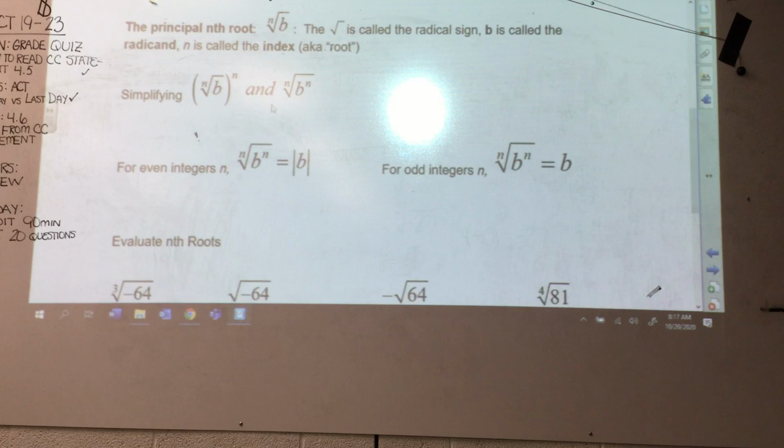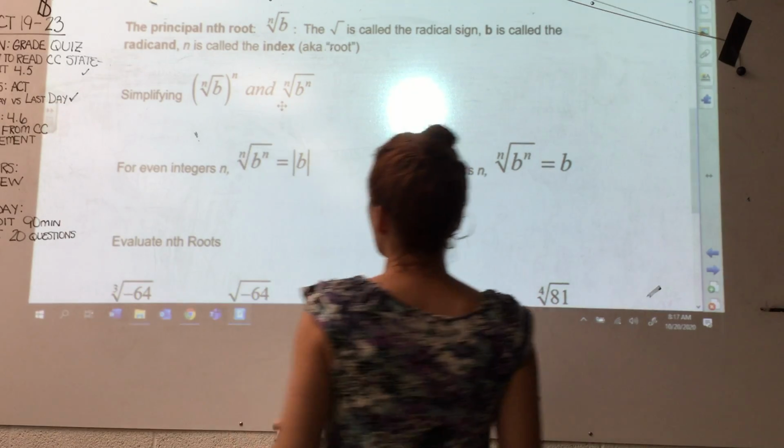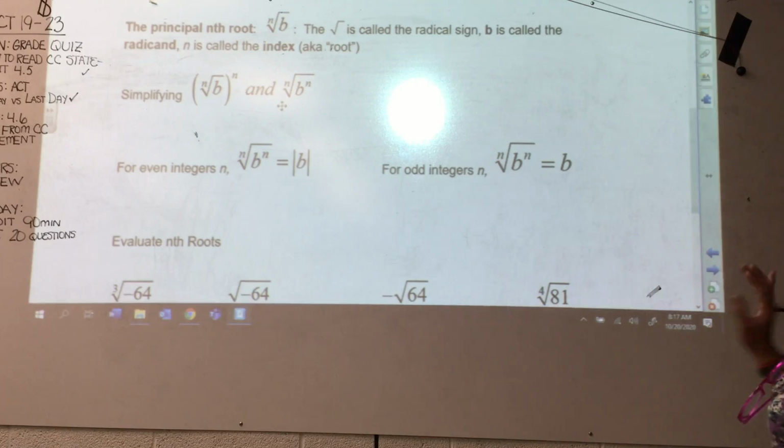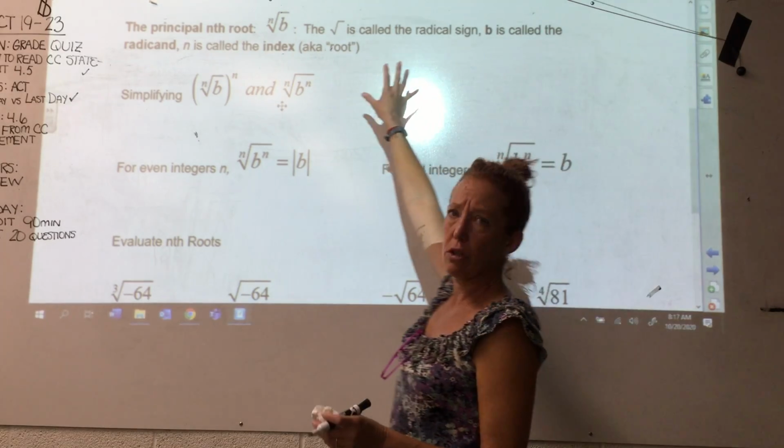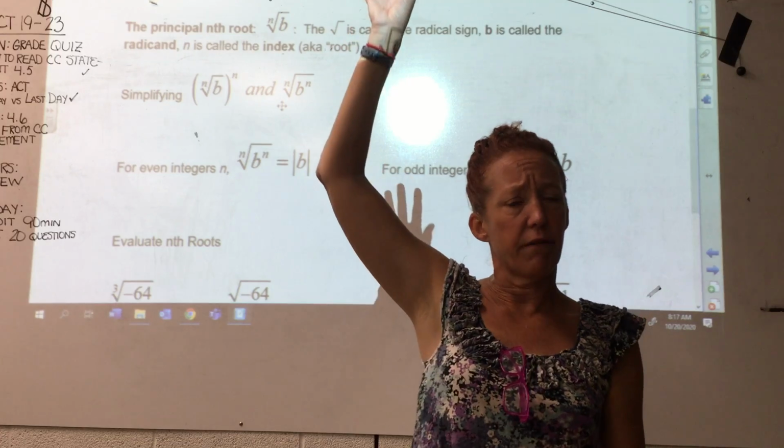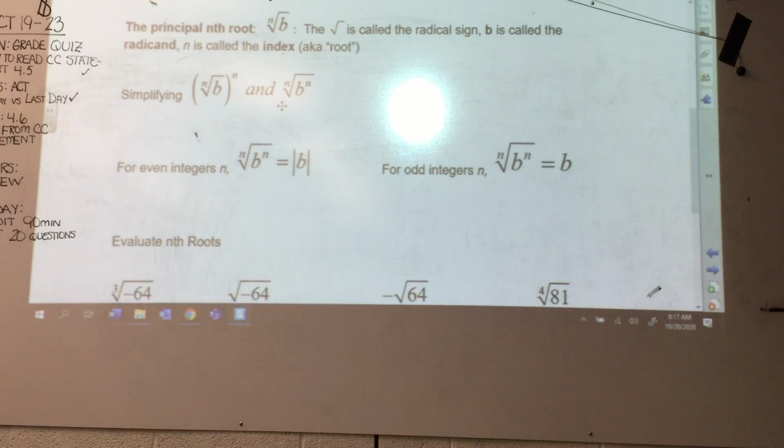Let's scroll down. All right, the principal nth root. So if you printed this, I sent it through email, through Canvas. And so if you printed this, even if that giant circle is kind of blocking some of your work, hopefully you have that right there in front of you and it'll make up for that. So the principal nth root.